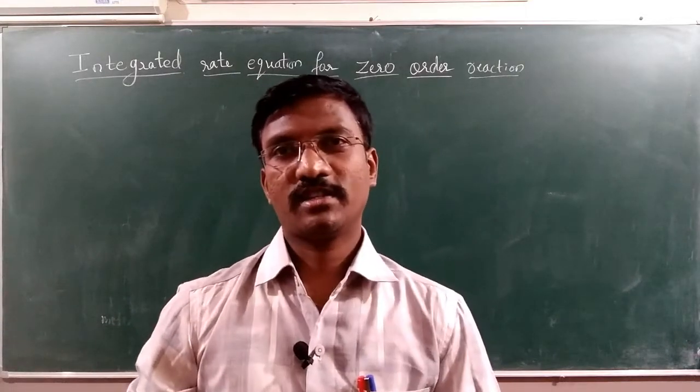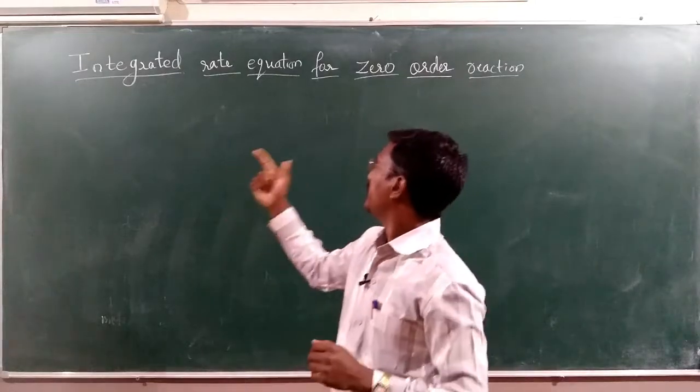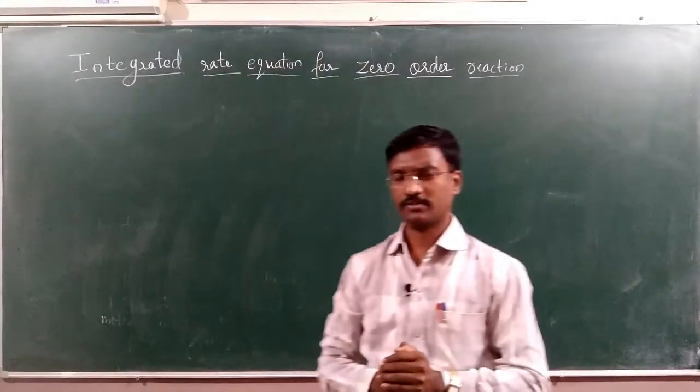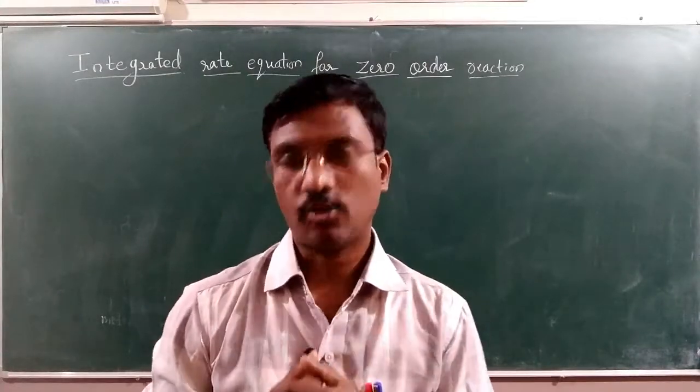Today we are going to discuss a very important concept in chemical kinetics, that is the integrated rate equation for zero order reaction. What is this? It's a very theoretical calculation part.